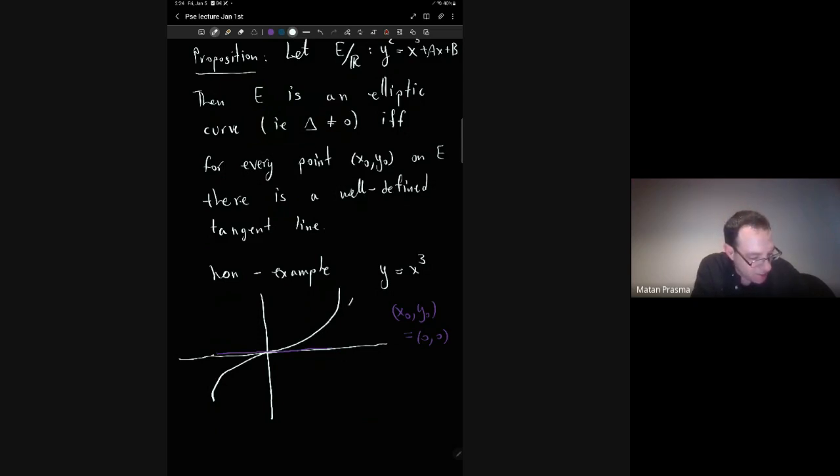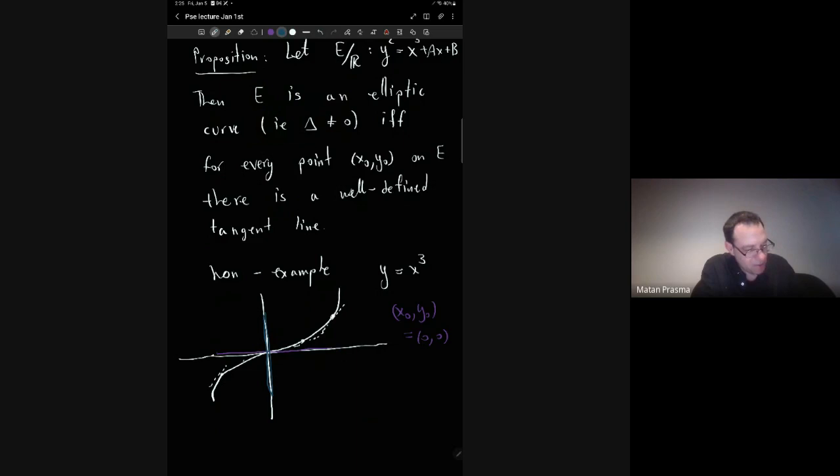So if I take the tangent line at this point, and then I take the tangent line at this point, and I get closer to 0, then I get this tangent line here, but on the other hand, if I do it from this direction, then I get the blue line.